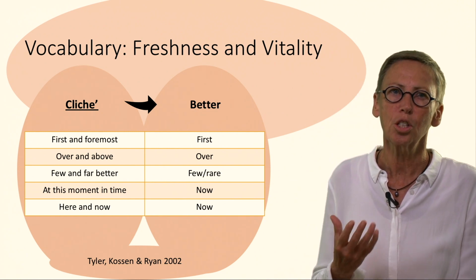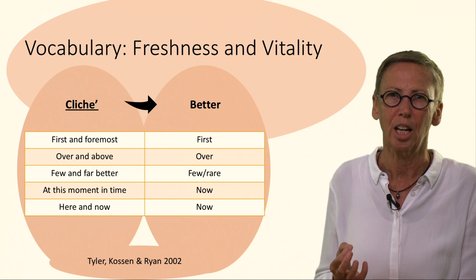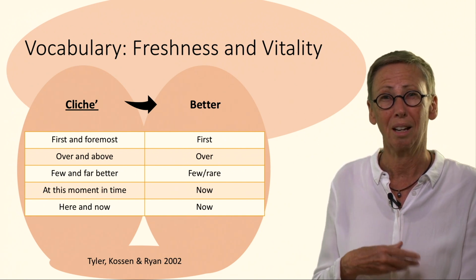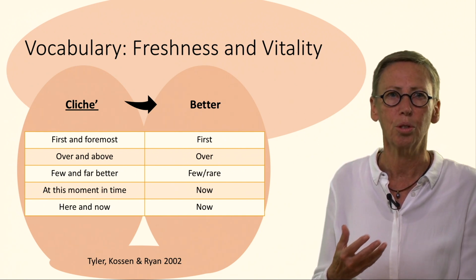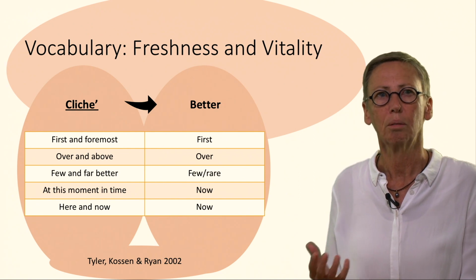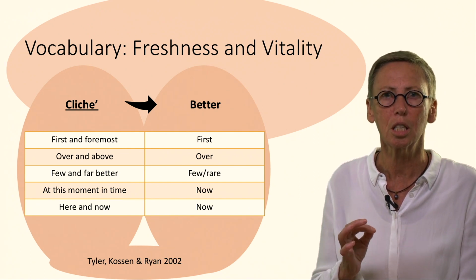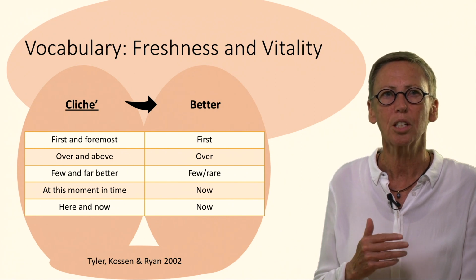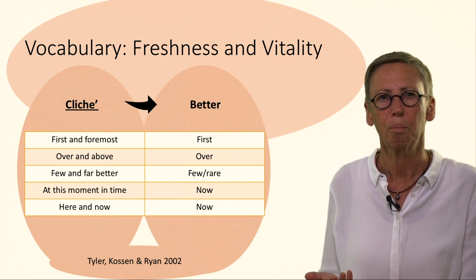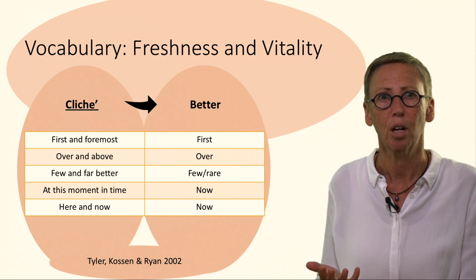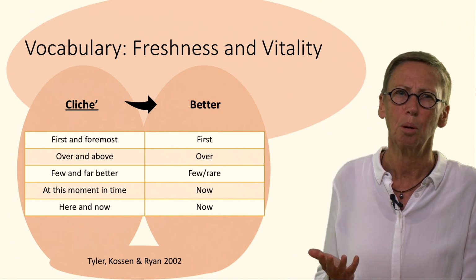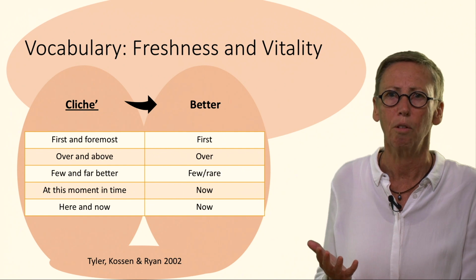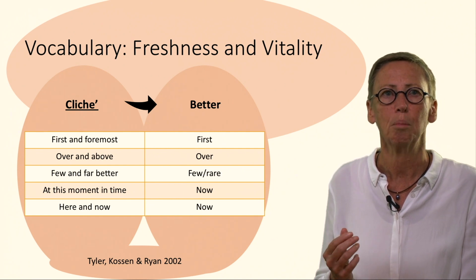So first and foremost is quite cliche. We talk about terms as being a cliche, meaning they're overused, colloquial, not consistent with academic writing. So here you can see the cliche and the term that's the better term to use. Over and above, sometimes we don't even need to use the term over. We can just make a statement.